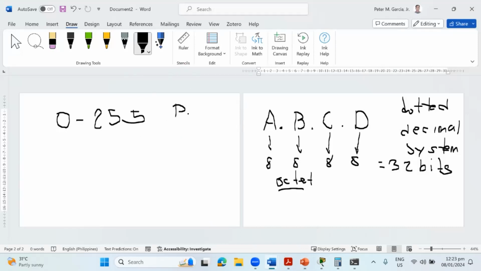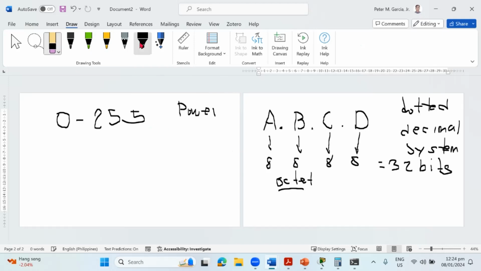So by ruling kasi for the conversion, may tinatawag tayong power of 2. For the binary, we have the power of 2, power of 8 for octal, and power of 16 for hexadecimal. So the conversion between binary to decimal, decimal to binary, ginagamit natin is power of 2. So that is 2 raised to 0, 2 raised to 1, 2 raised to 2, so on and so forth.